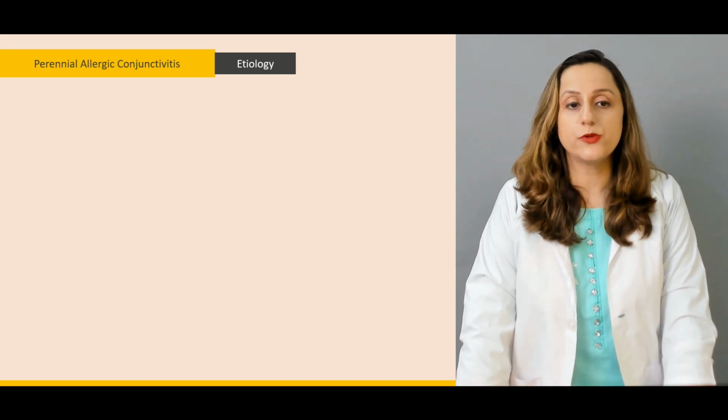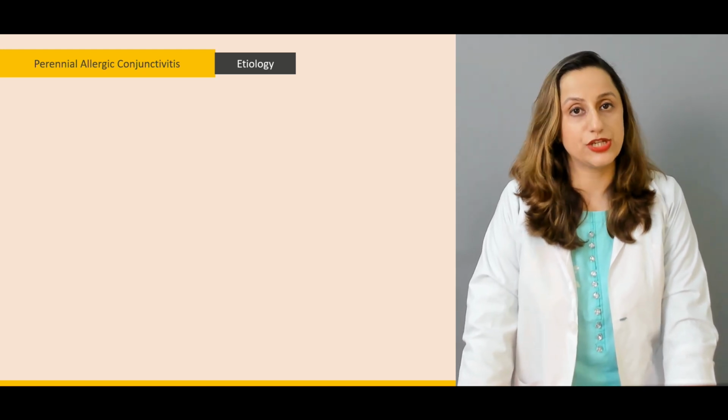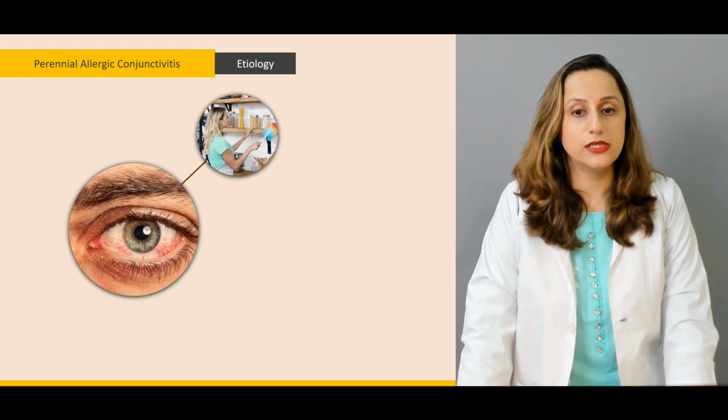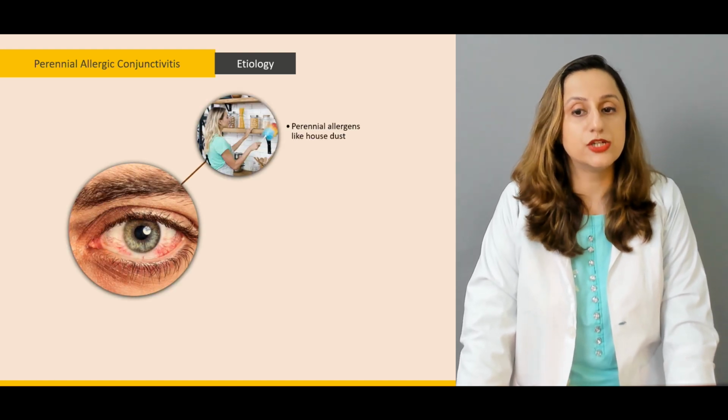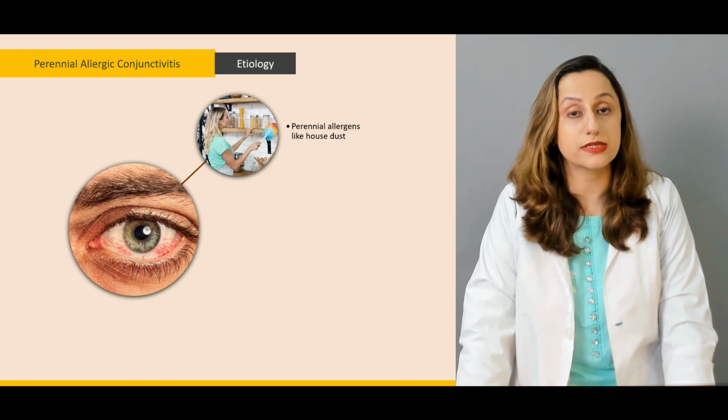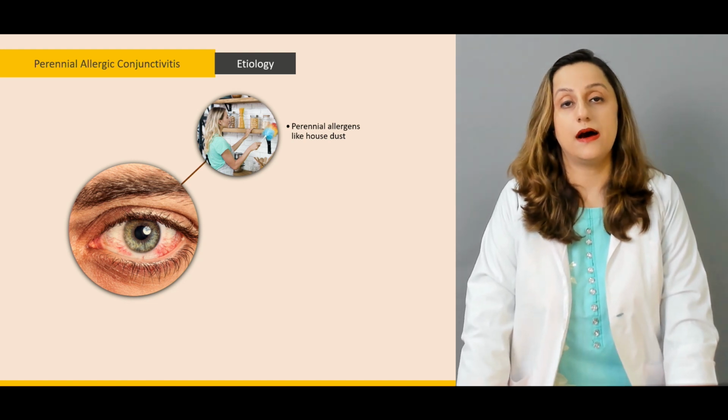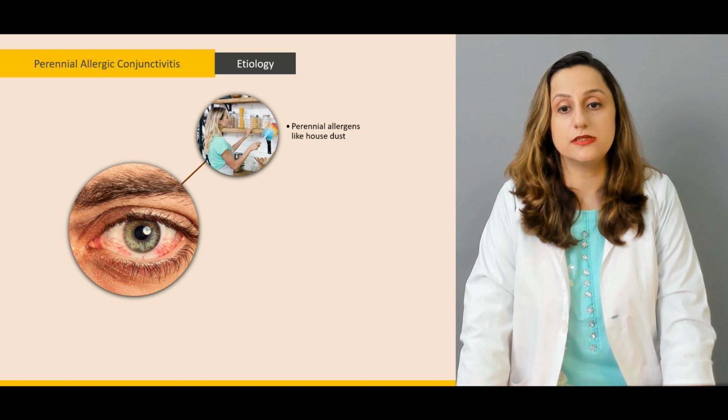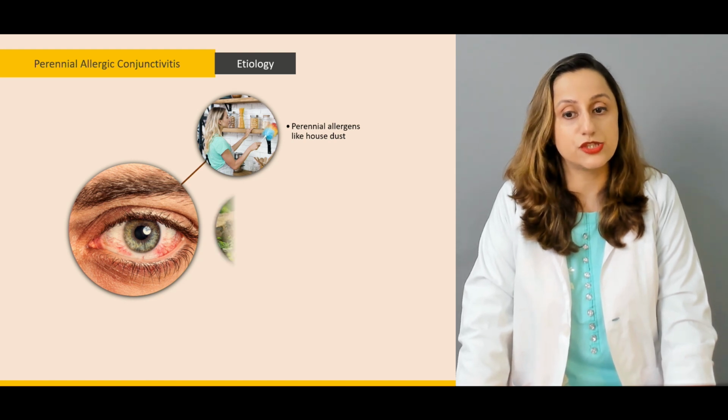So then moving on, we have the perennial allergic conjunctivitis. Looking at the perennial allergens, they can be house dust that sometimes predisposes a person towards developing this kind of allergic condition.